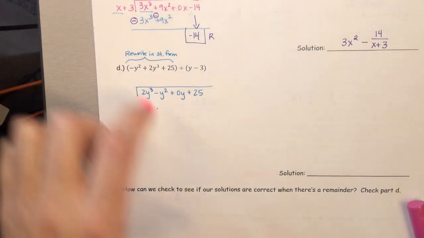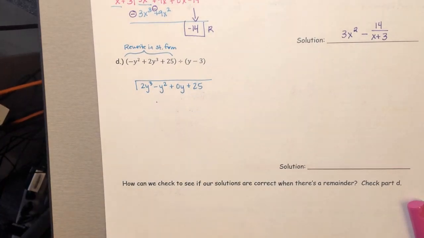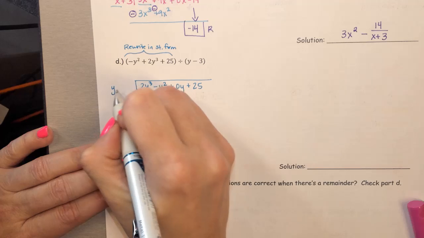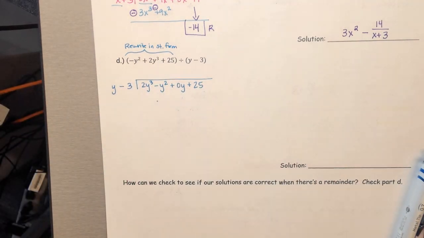Okay, and again, you are missing a y term, so we're going to put that 0y there. Okay, can you do it right if you don't have that placeholder in? Yeah, you could. It's just more likely to make a mistake when you don't line up your like terms. But why don't you guys try this one on your own? Let's see how that goes.